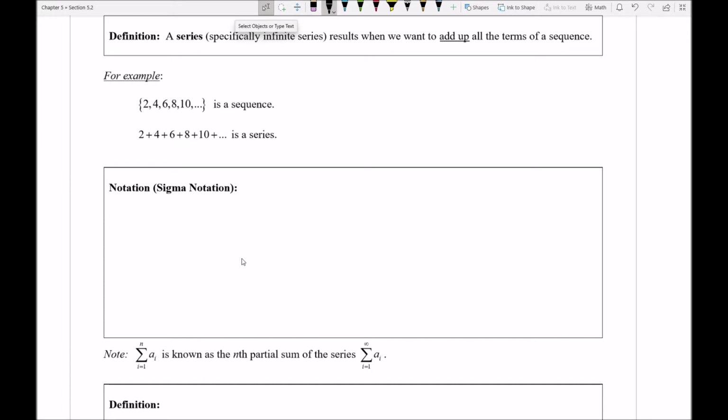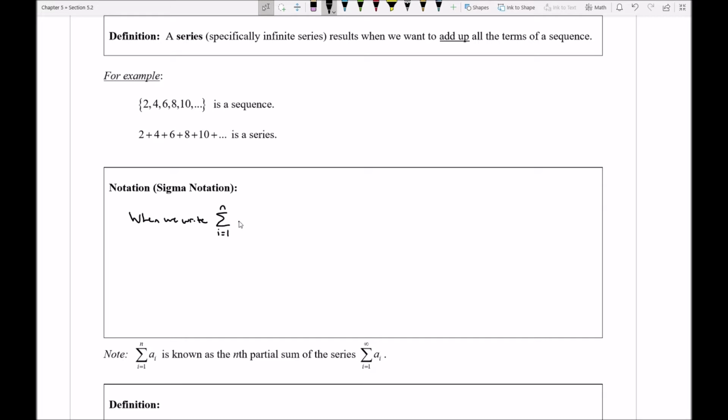So let's take a look at some of the notation that we're going to use when we talk about sequences and their relationship to a series. So we're going to start by saying this, that when we write a sigma, remember that stands for a large sum, we're going to have i starting at 1 and going to n. This is going to indicate again that we're going to be doing an addition problem.